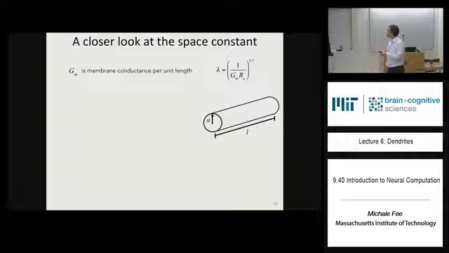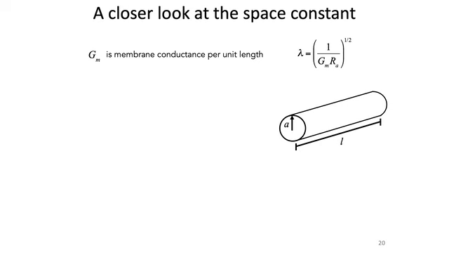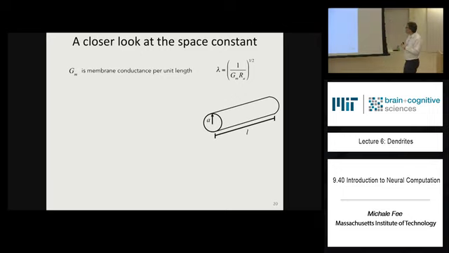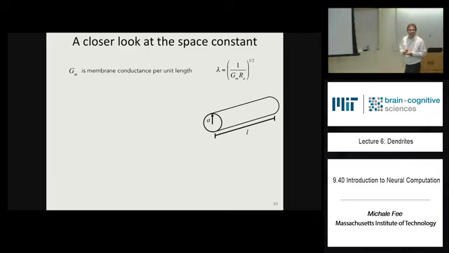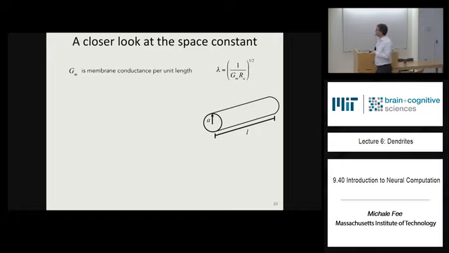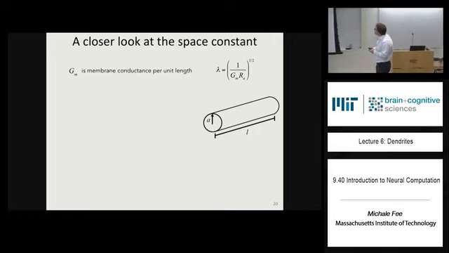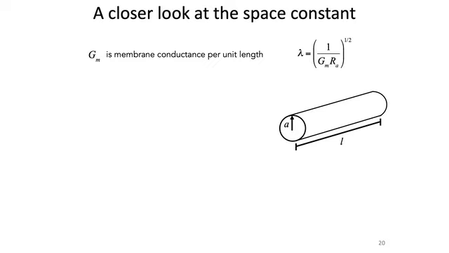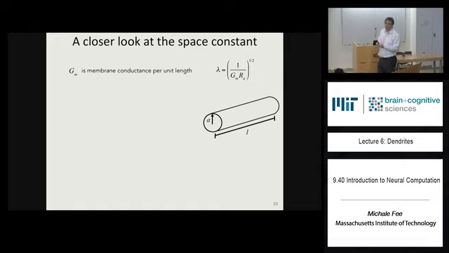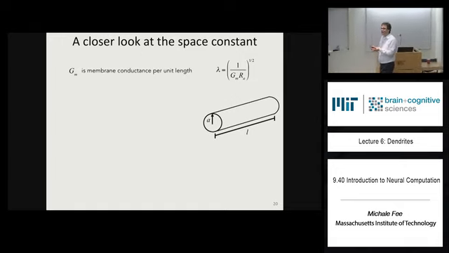So let's take a closer look at the space constant and how you calculate it and how it depends on the size, this diameter, this radius of the dendrite. We're going to take a little cylinder of dendrite of radius a and length little l. G sub m is the membrane conductance per unit length. Let's just derive what that would look like.